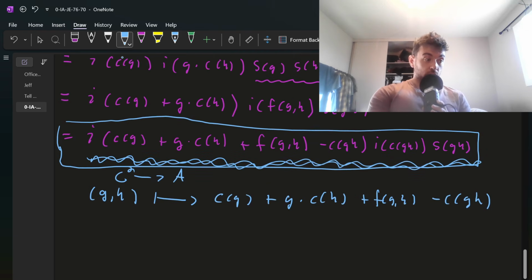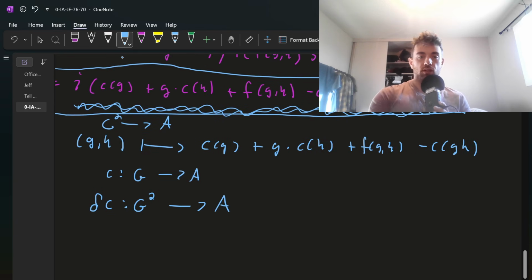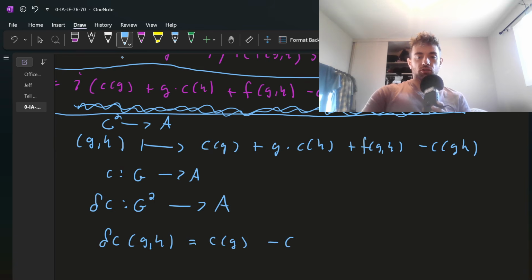So, in other words, c is a function from G to A. I'm going to write this as a function delta c from pairs of elements of G into A in the following form. So delta c at a pair gh is going to be c of g minus c of gh plus g dot c of h.